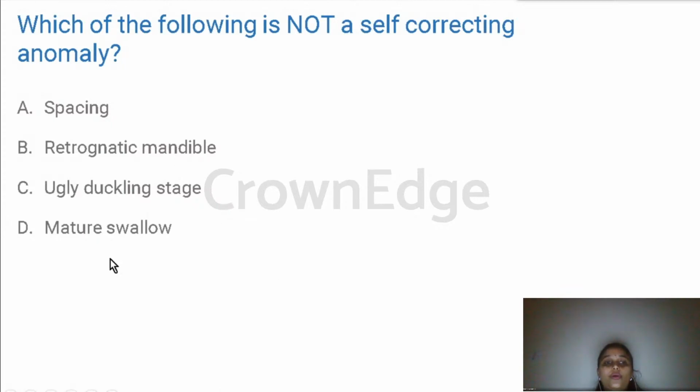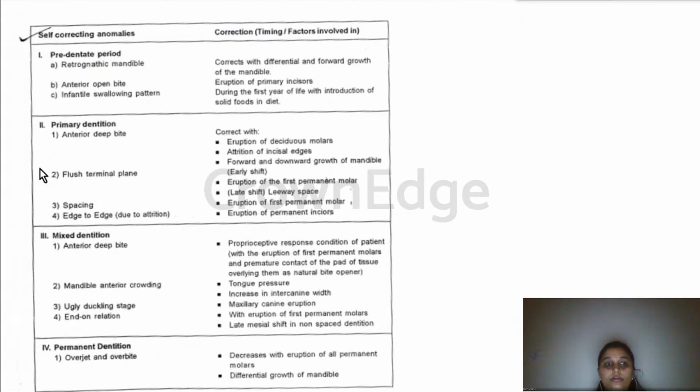Mature swallow is not an anomaly. Okay, it is something that we all want to achieve when the child has moved to the permanent dentition stage. Retrognathic mandible, however, is not a self-correcting anomaly.